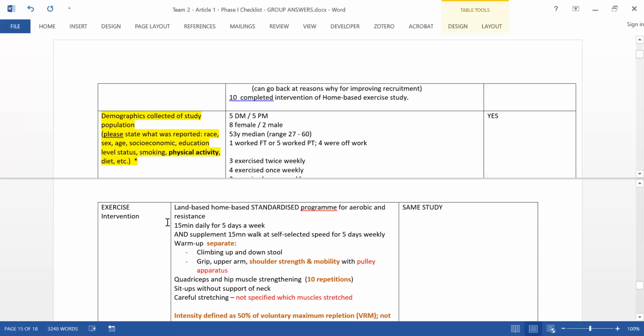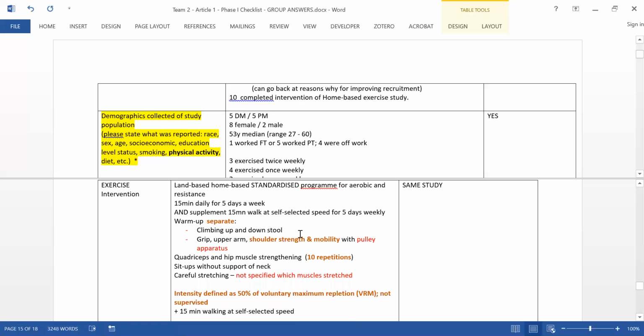So the exercise intervention was a land-based, home-based, standardized program for aerobic and resistance exercise. 15 minutes daily, 5 days a week. In addition to those 15 minutes for 5 days a week, there's also walking for 15 minutes at a self-selected speed, again, 5 days a week. So the exercise program itself consisted of a warm-up, which was separate.